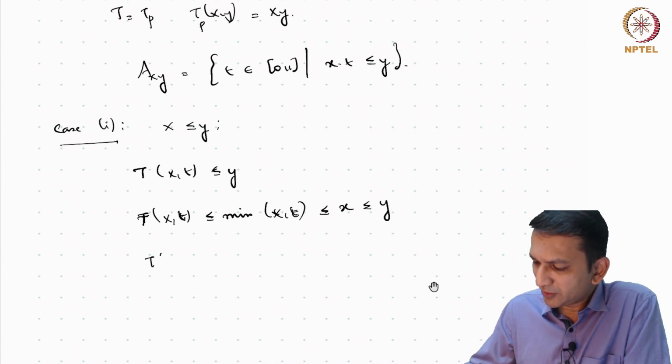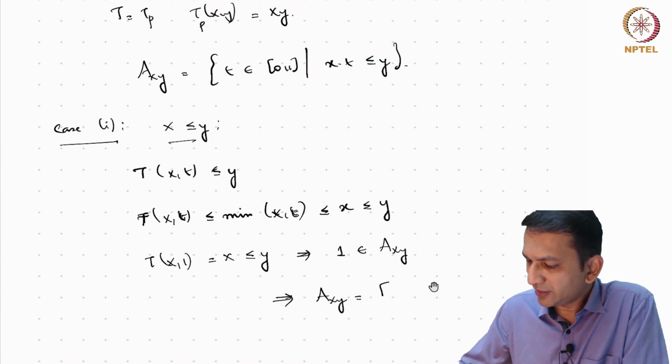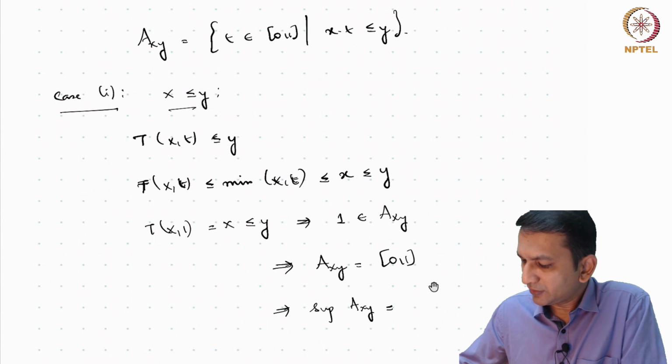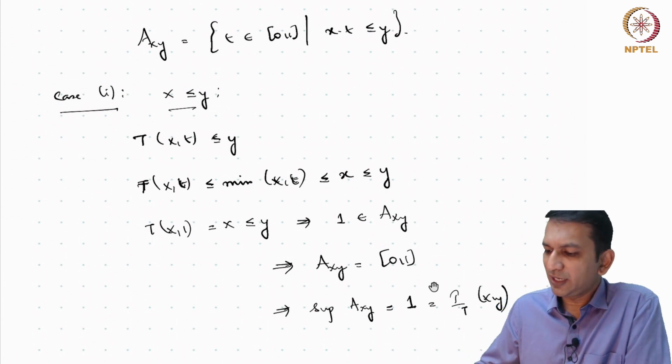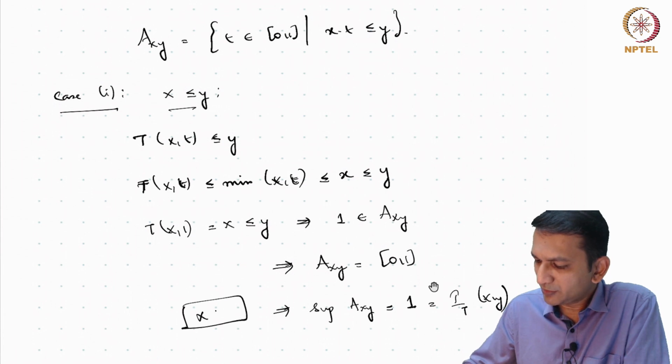In fact, since x is less than or equal to y, T of x,1 is equal to x is less than or equal to y. So this implies 1 itself belongs to A_xy. This implies A_xy is in fact [0,1], implies supremum of A_xy is equal to 1, that is I_T of x,y for any T-norm T. Of course, please note we are operating under the assumption x is less than or equal to y.